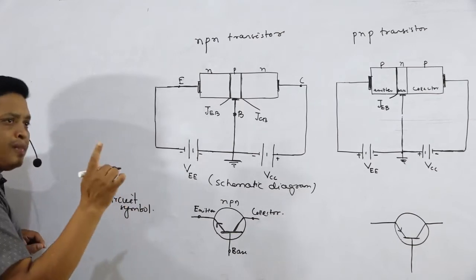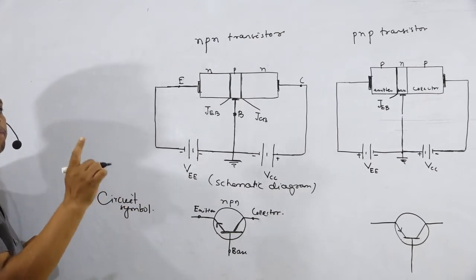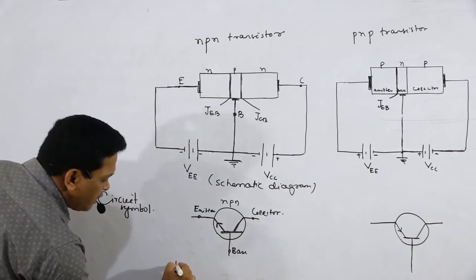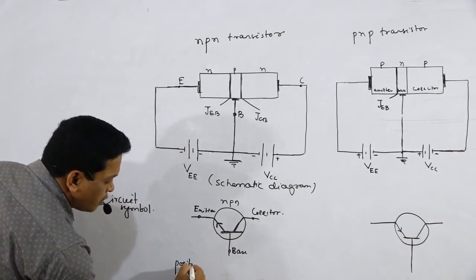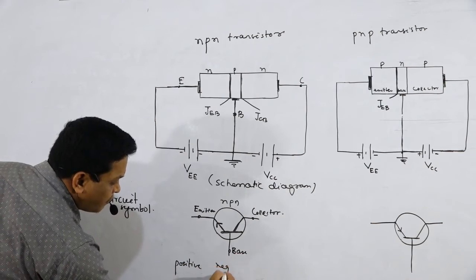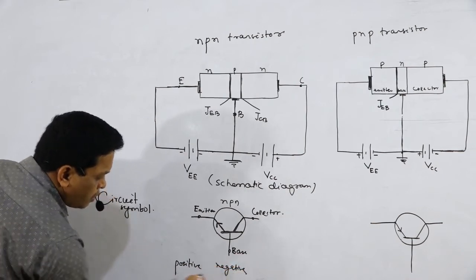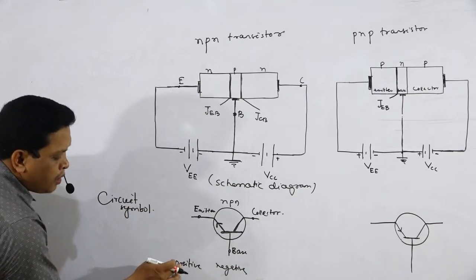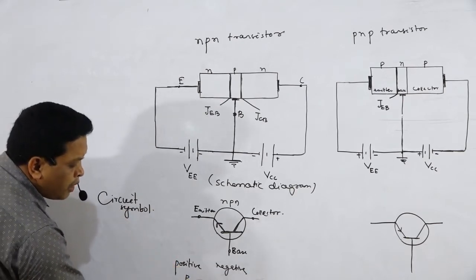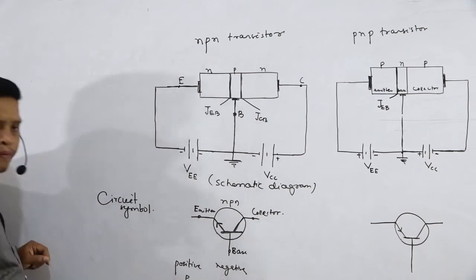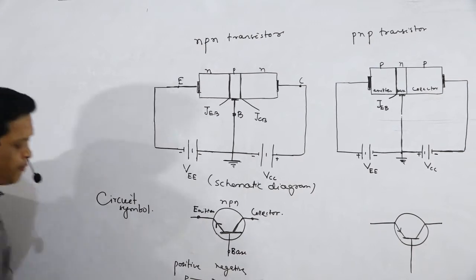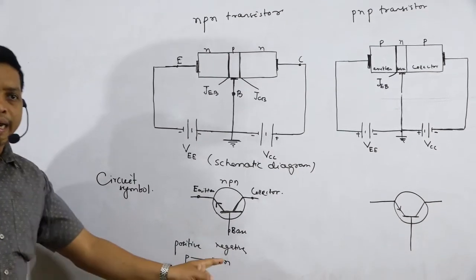We always know that current flows from positive to negative. So to remember this circuit symbol, P stands for positive and N for negative. Current flows from positive to negative.